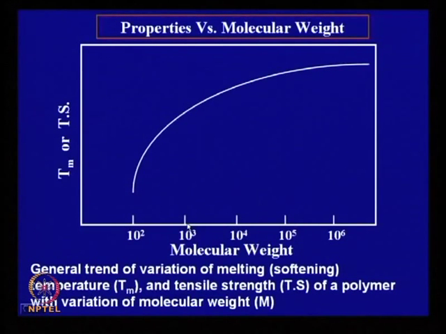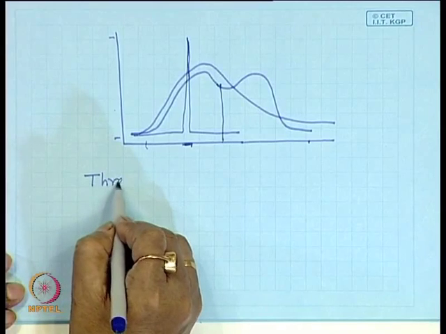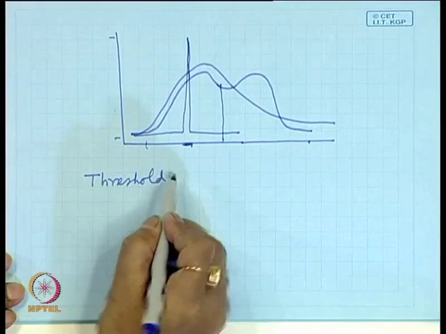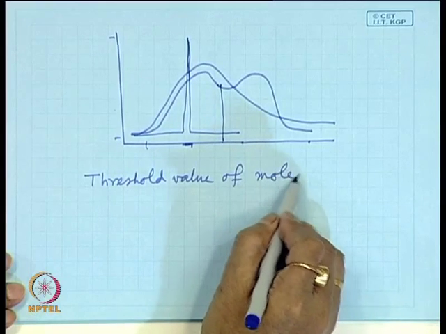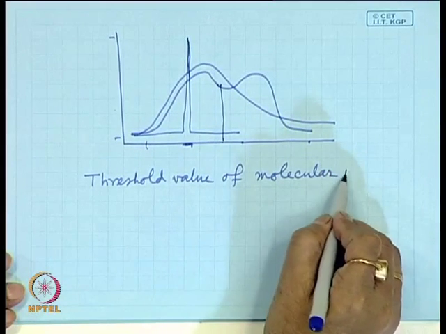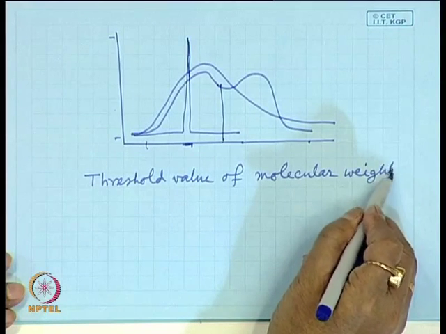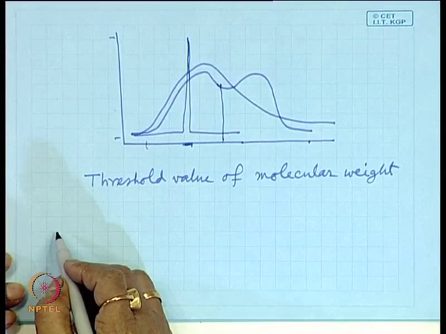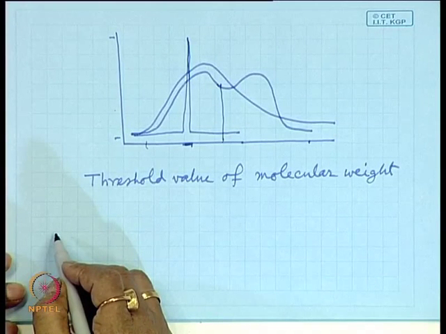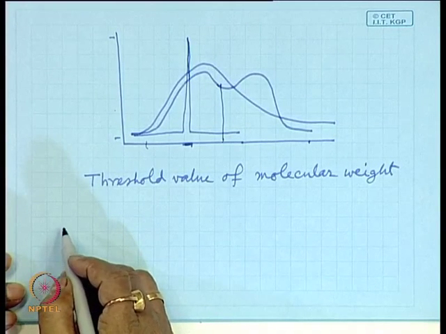So, it indicates there is a threshold value of molecular weight. What is this threshold value? The minimum molecular weight so that it can be used as a polymer, so that it can behave like a polymer.